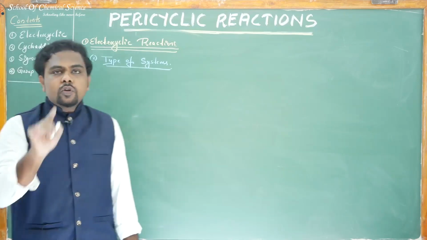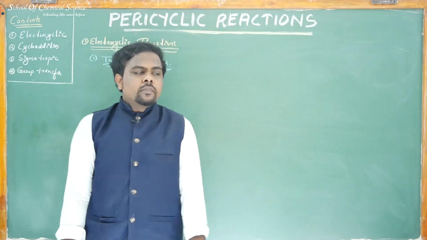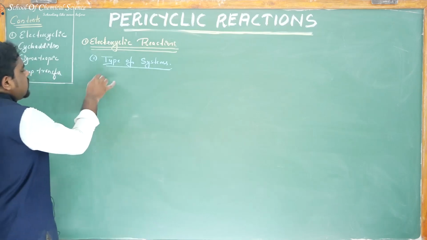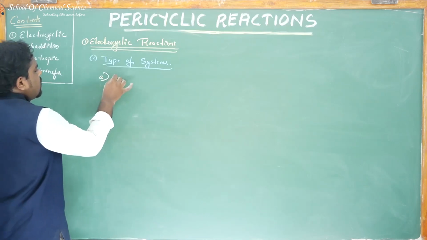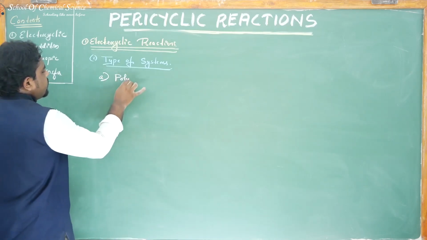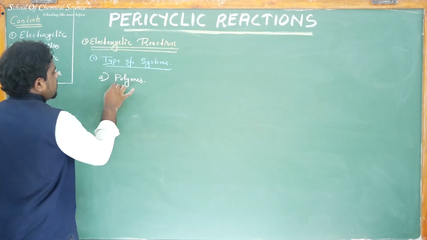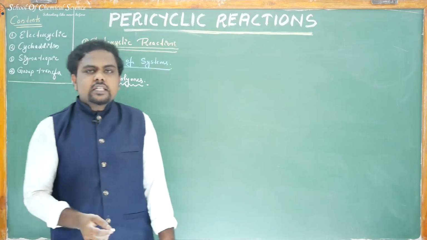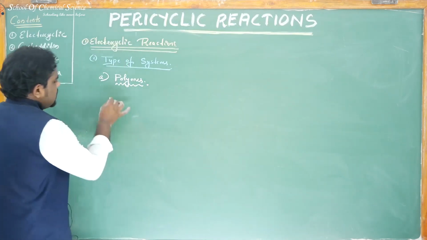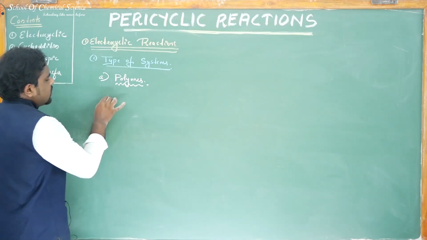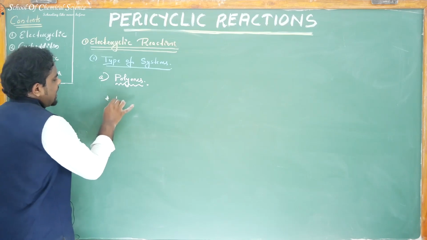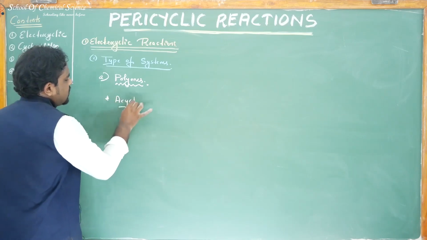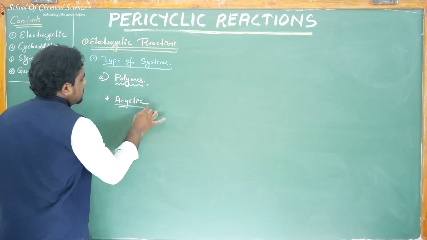We have to discuss about 4 types of system. First one, polyenes. A typical system which shows electrocyclic reaction is polyenes, and simply first one, acyclic polyenes.